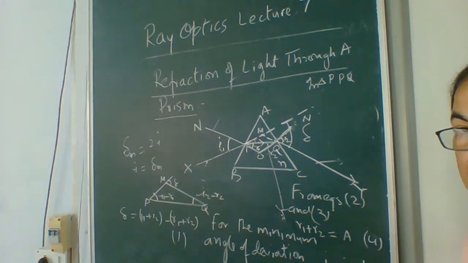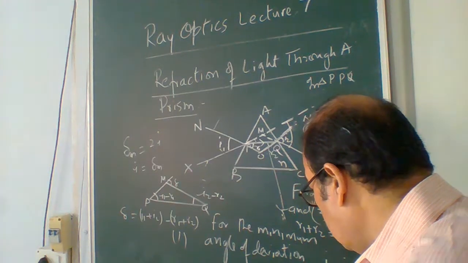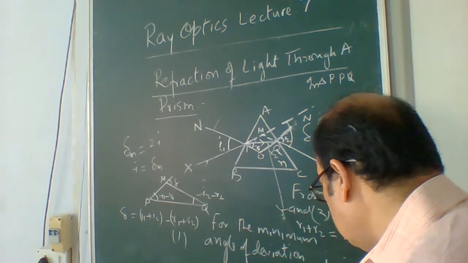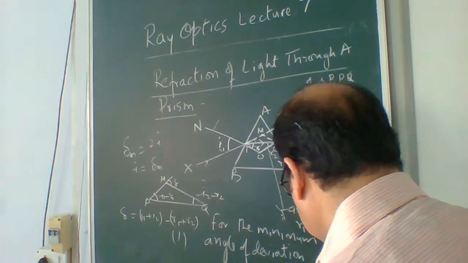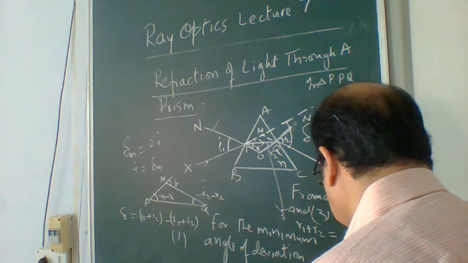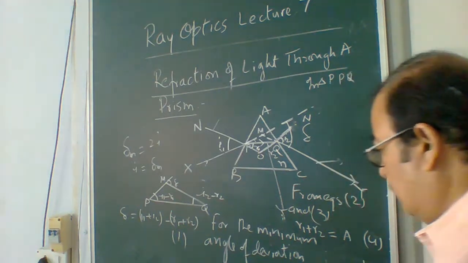what we need is R1 plus R2 equal to A, means 2R equal to A. R पे लिखा जा सकते A by 2.